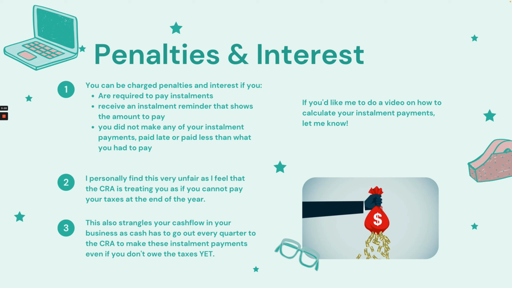Like if you had that cash in your bank account and you put it into, let's say, a guaranteed investment certificate at the bank at 5% interest per year, your cash can be working for you, earning you interest instead of sitting with the CRA. That's my 2 cents about it. I personally don't like it. The CRA requires you to do it, so you just have to comply or they will charge you penalties and interest.